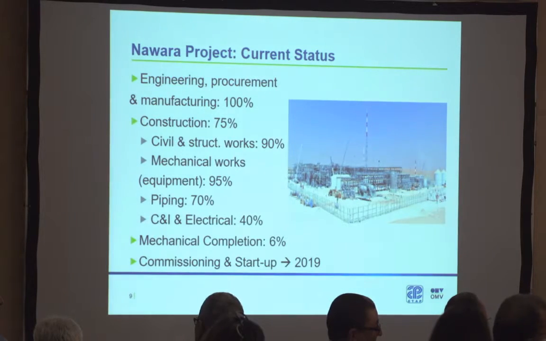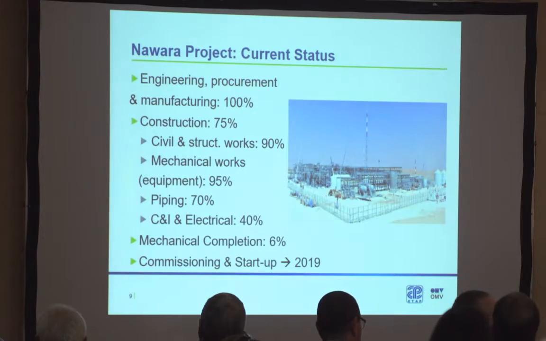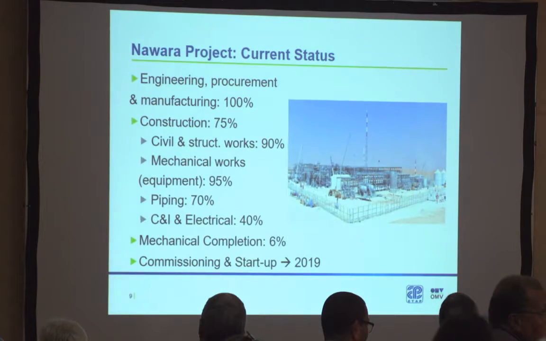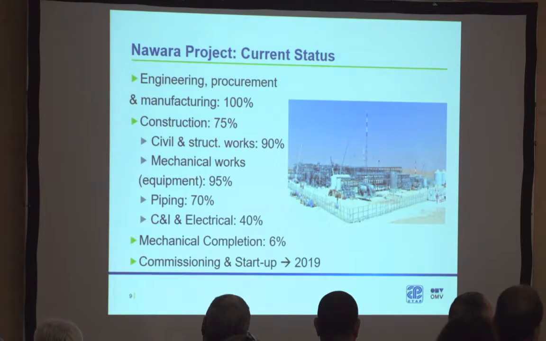Maybe I can add some clarification which may answer certain concerns. The total progress of the Nawara project is now exceeding 90%, we are at 91, 92. This is if we consider the three components of the project, but if we consider only the CPF, the construction till the end of September, we are at 77, 78.